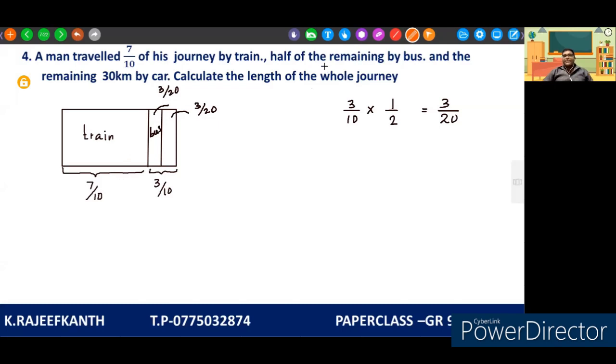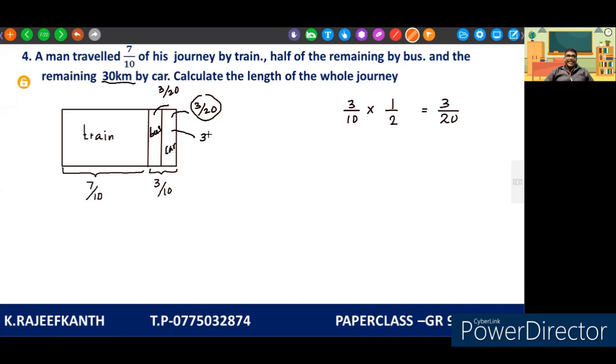Right. Half of the remaining journey by bus. And the remaining 30 kilometers by car. So here the remaining is 3 over 20. Here he traveled this remaining 3 over 20 by car. This is car. So what is the distance? Here they have given the distance of the remaining portion.